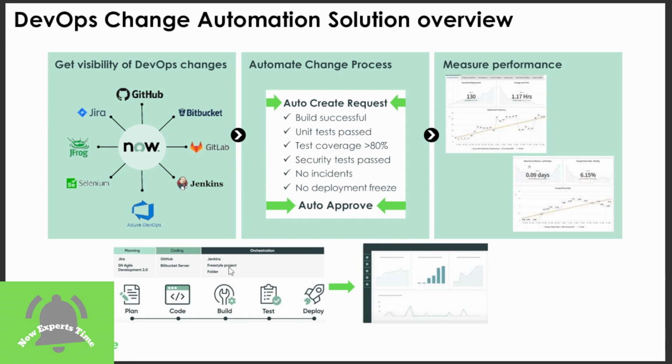When you implement this code-related deployment, you need a proper change ticket. The change ticket needs to be supported with proper justifications like a document, etc., right? Normally you will plan it, and based on the planning you will code it, then build it, finally test it, and last deploy. All these phases can be covered in this DevOps Change Velocity solution.